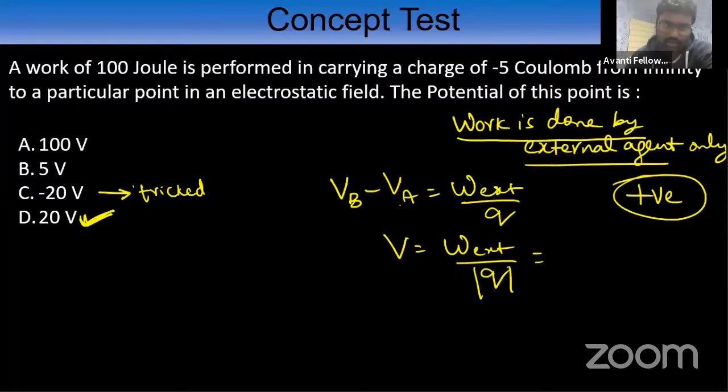That is, work done is 100 by charge 5, so it is plus 20 always. We'll learn this in next few concepts, then discuss this question again.